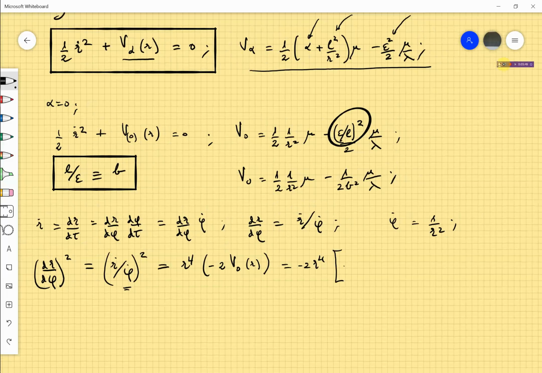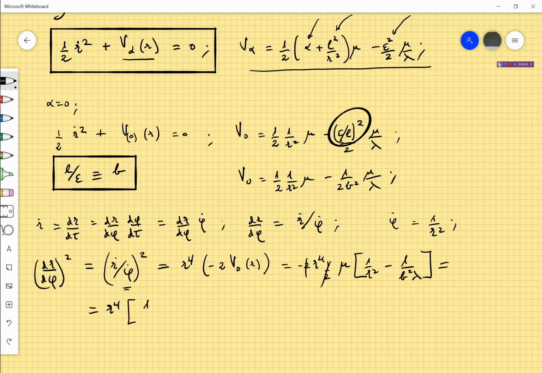I can take as a common factor 1 over 2 and mu as well. So this is 1 over r squared minus 1 over b squared lambda. The factors of 2 cancel, and this is r to the fourth, 1 over b squared lambda minus 1 over r squared.